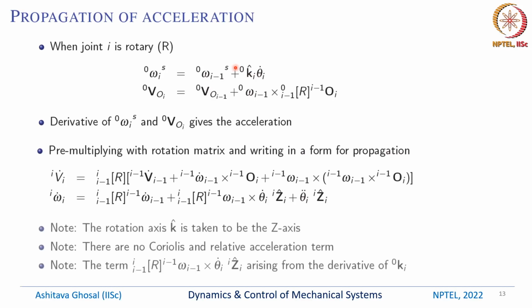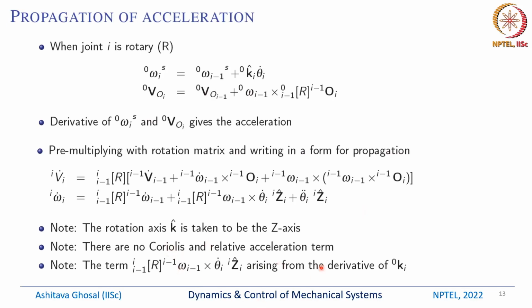So as I said, the rotation axis is taken as the z-axis most of the time. Note that there is no Coriolis and relative acceleration term when you have two rigid bodies connected by a rotary joint. Coriolis acceleration happens when there is a relative velocity of a point on the ith rigid body, a point moving in its own coordinate system with some velocity or acceleration.